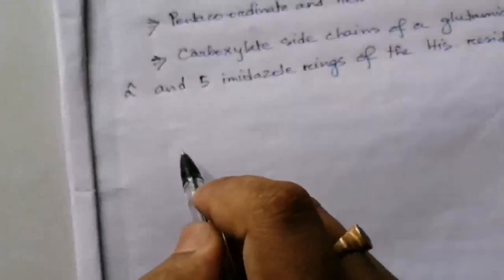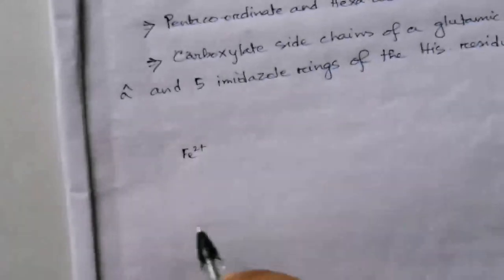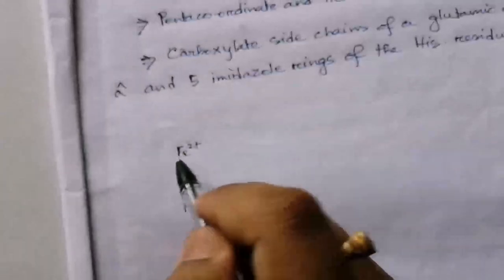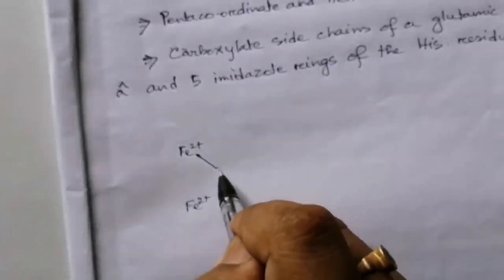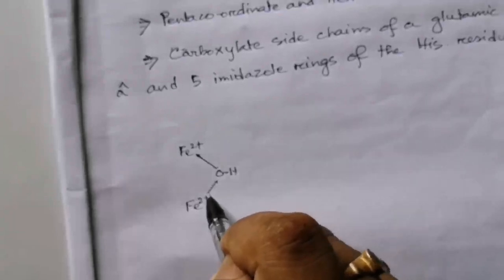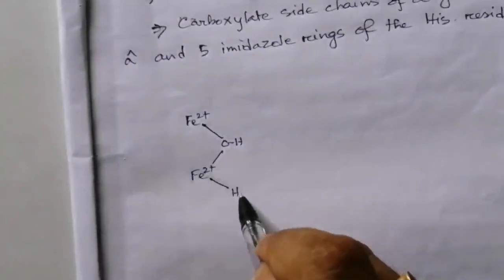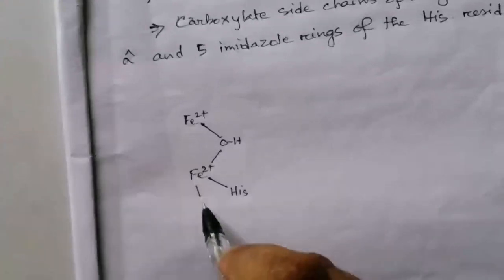So let us now draw the structure of hemerythrin. We have two Fe2+ centers. They are bridged by a hydroxyl group and one of the iron centers is pentacoordinated.